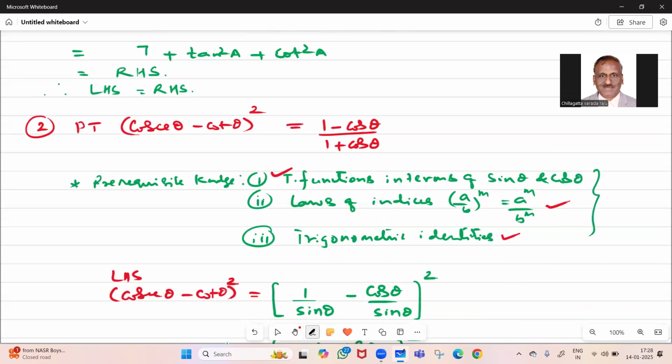Cosecant theta minus cot theta whole square. You are supposed to prove (1 minus cos theta) by (1 plus cos theta). So I think this problem is quite easy for you after knowing these basic concepts: trigonometric functions in terms of sin theta and cos theta, the laws of indices, trigonometric identities. In fact, you can add one more point, that is algebraic identity: a square minus b square is (a plus b) into (a minus b).